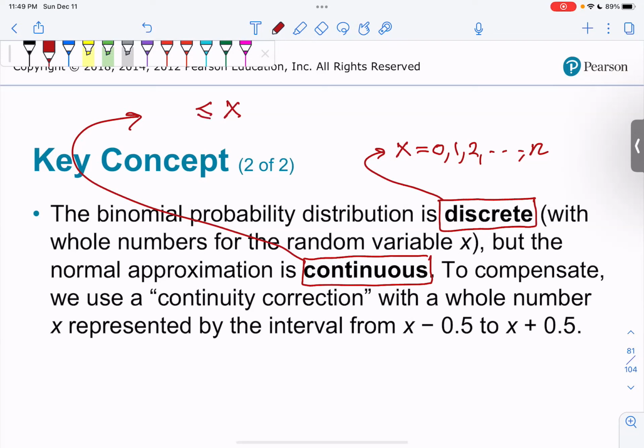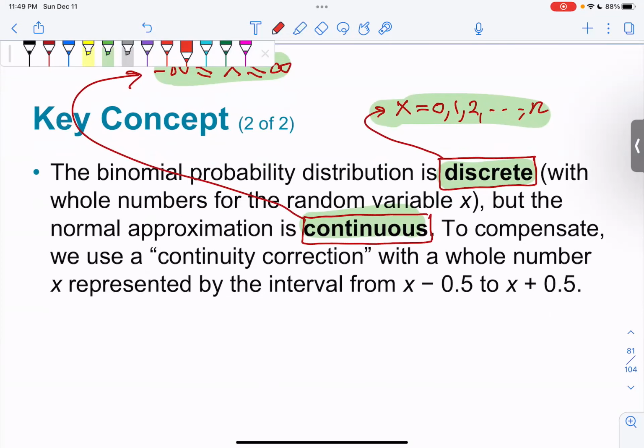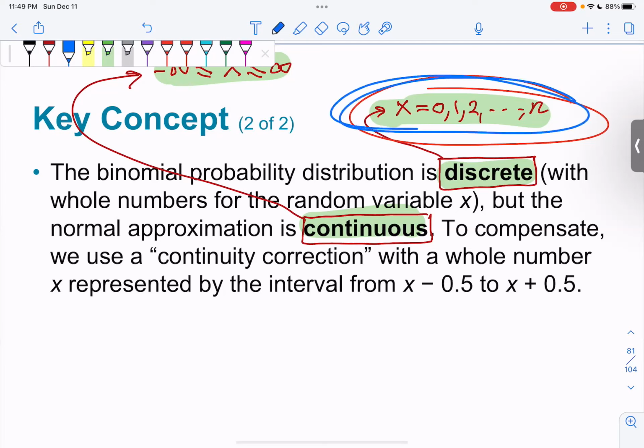It could be any value from negative infinity to infinity, which is really important here. So if we want to use normal distribution, then the random variable must be continuous. So how can we treat this? We have to make this discrete random variable continuous.